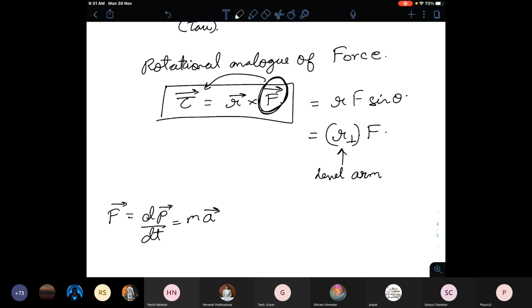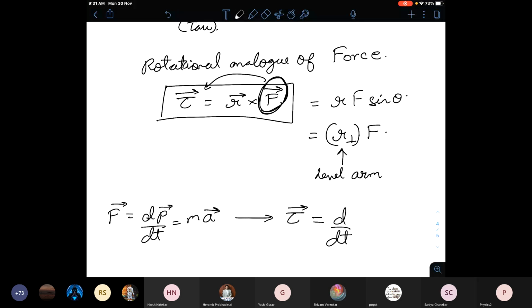Using the analogous method, the force will be analogous to torque. So it can be written as tau vector, the torque vector, equal to d by dt. Time does not change. Time is the same in rotational motion and in linear motion.